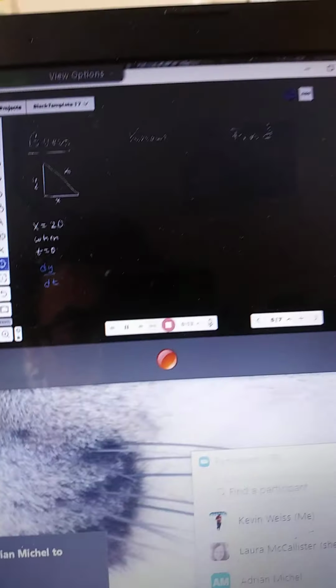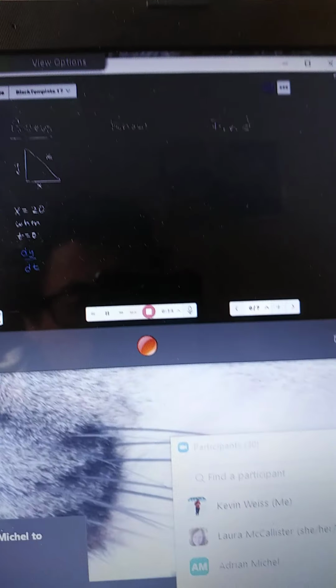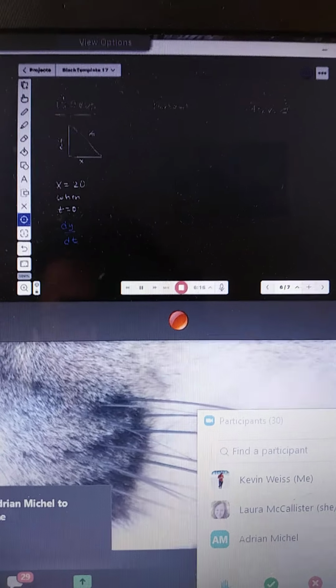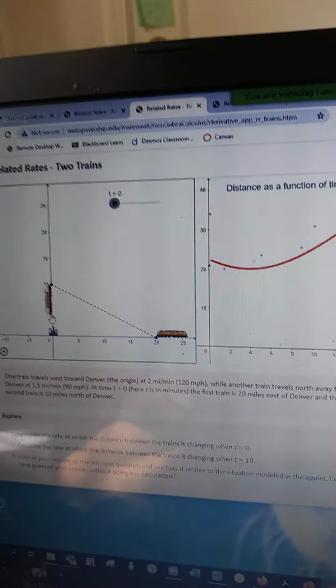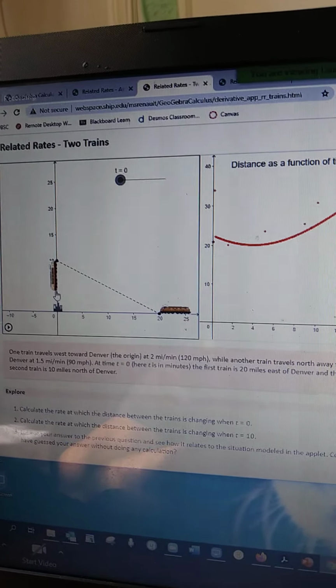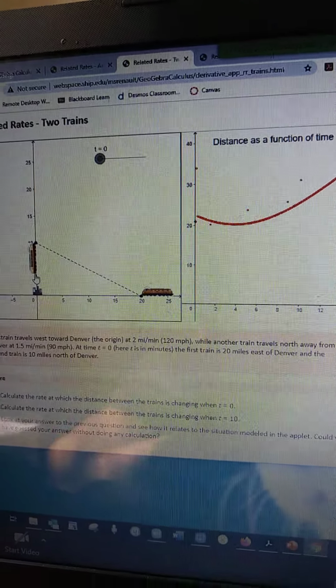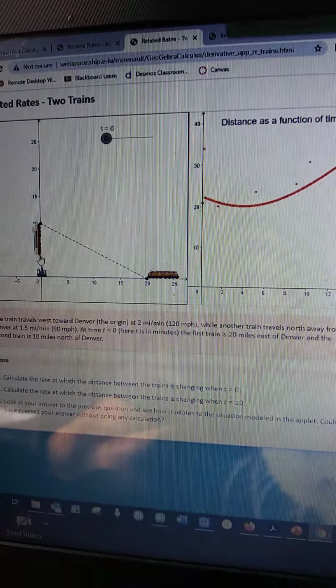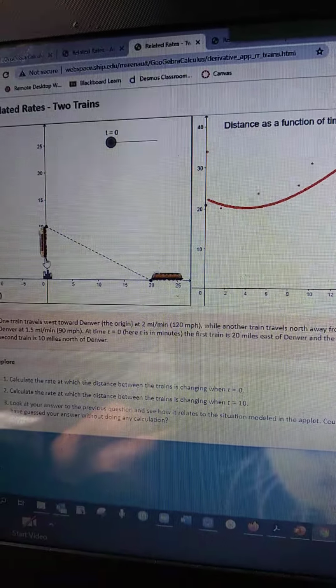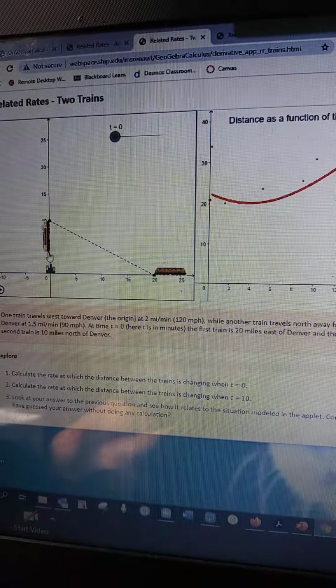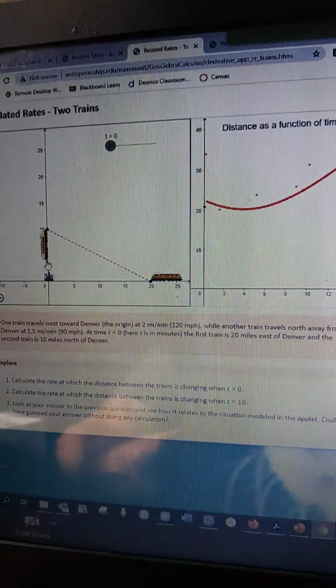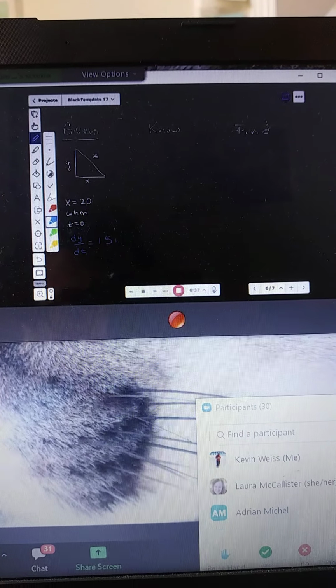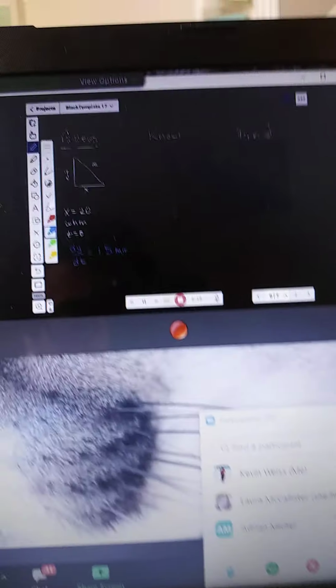The rate of change of y would be this train here, correct? Yes, we do. We know dy/dt is equal to 1.5 minutes per mile.